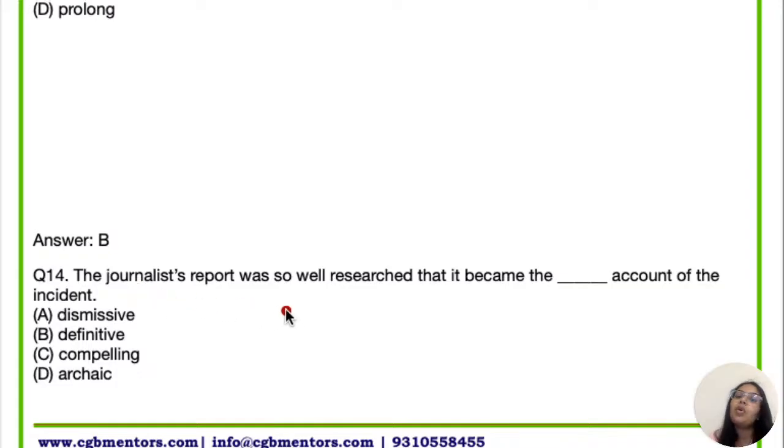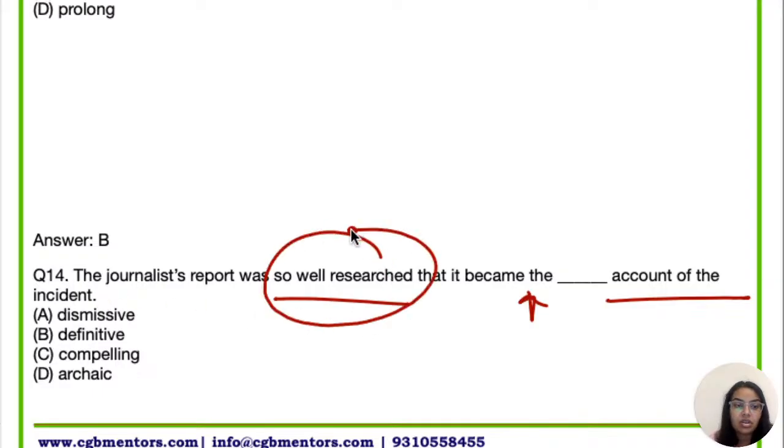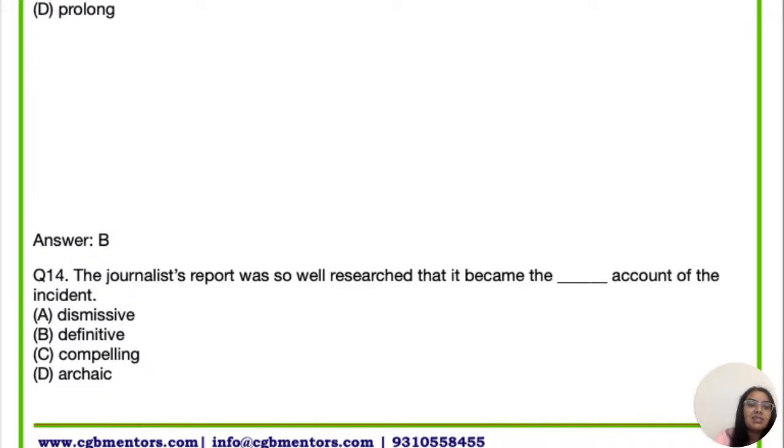The journalist's report was so well researched that it became dash account of the incident. So well researched, so it is going to be definitive, a solid one. Dismissive is easily उसको cancel कर सकते. Compelling भी थोड़ा close था. Archaic means that relates to the past, but अभी इसका कोई लेना देना नहीं है.